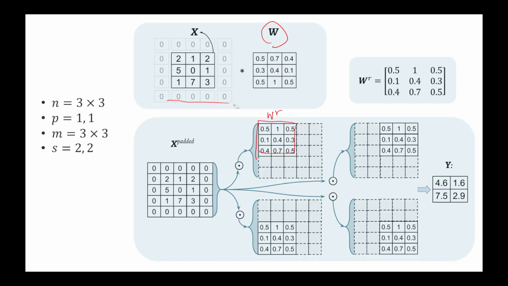And what you are going to do is the multiplication of that. So you are going to do 0.5 multiplied by 0, 1 multiplied by 0, 0.5 multiplied by 0, right? And so on with the second step. So 0.1 multiplied by 0, 0.4 by 2, 0.3 by 1.